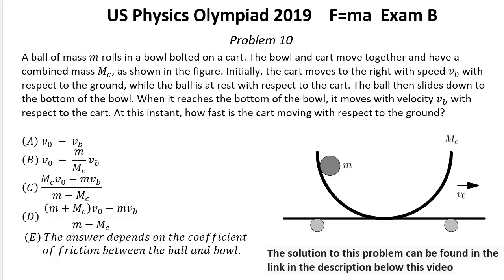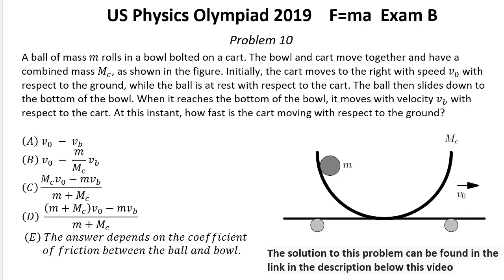The ball then slides down to the bottom of the bowl. When it reaches the bottom of the bowl, it moves with the velocity vb with respect to the cart. At this instant, how fast is the cart moving with respect to the ground?